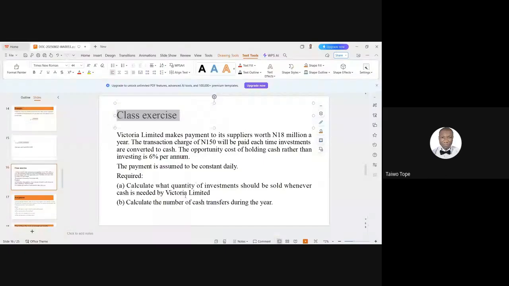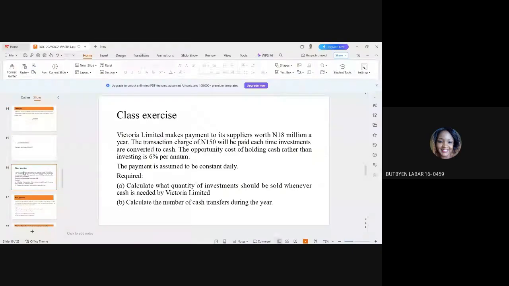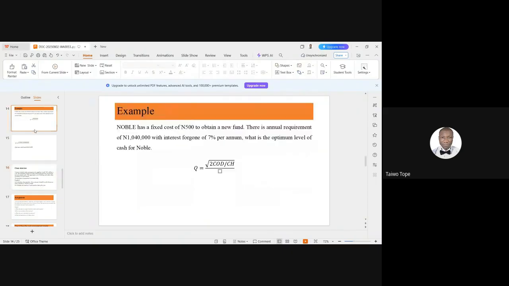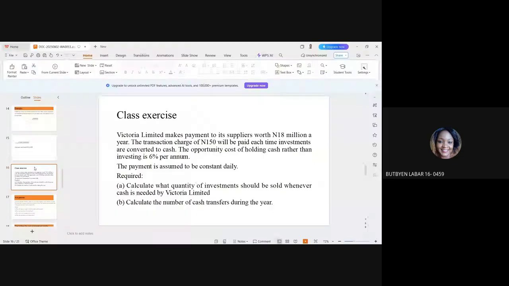So if 2 is constant, what is your CO? My CO is 150. Fine. Now, what is your D? My D is 18 million, sir. Very good. When you divide those variables by your CH, what is it? My CH is 0.06. Okay, fine.